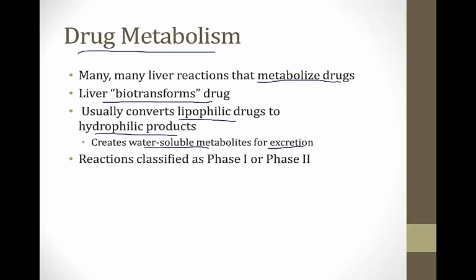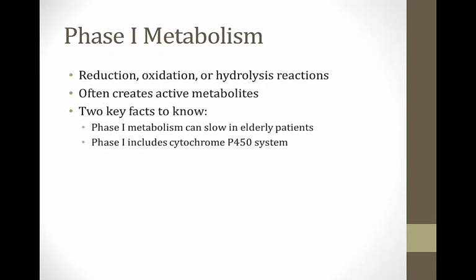And there are two general classifications for all the different reactions that occur in the liver with drugs, and that is the phase 1 reactions and the phase 2 reactions. So the phase 1 metabolism reactions are generally reduction reactions, oxidation reactions, or hydrolysis. And you don't really need to know the organic chemistry of all this, you just need to know the names of the types of reaction. One thing you should know about phase 1 metabolism is that it often creates active metabolites.